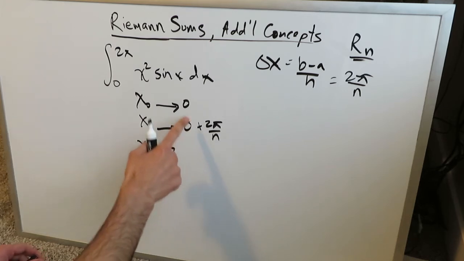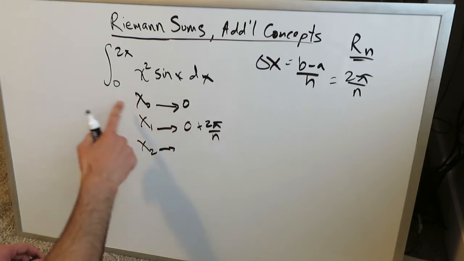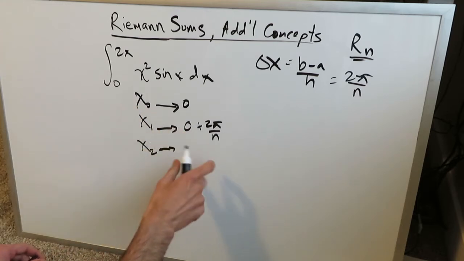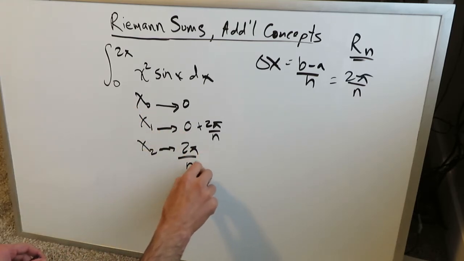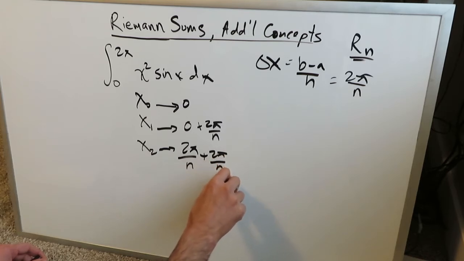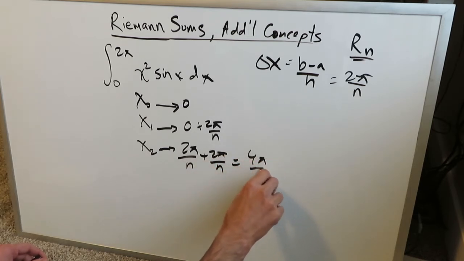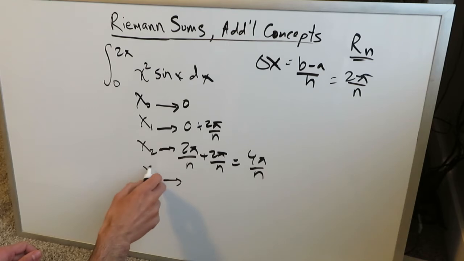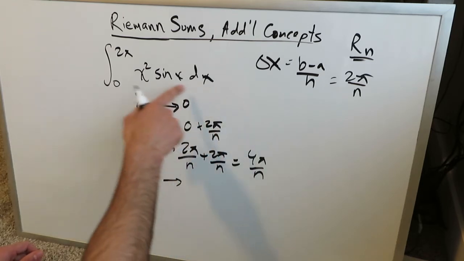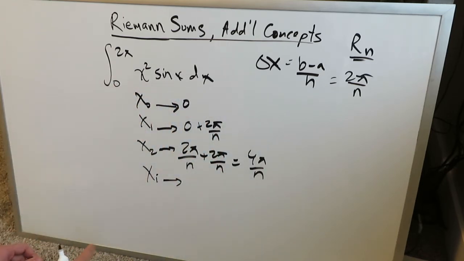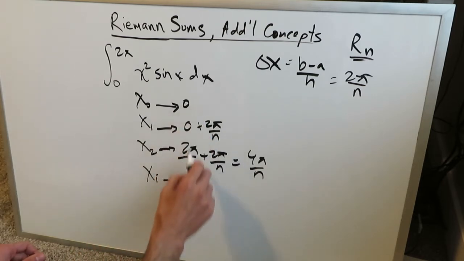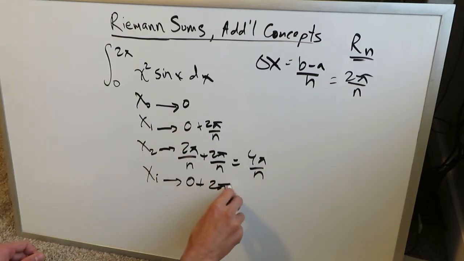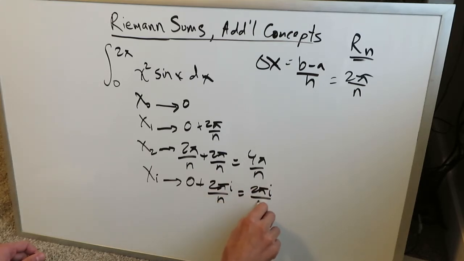The 0 after the first expression is basically meaningless. It's just 2 pi over n plus 2 pi over n, and you know what you get, 4 pi over n. The point you will begin to notice is that the value played into your expression for the length determination will always be 0 plus 2 pi i over n, or 2 pi i over n.